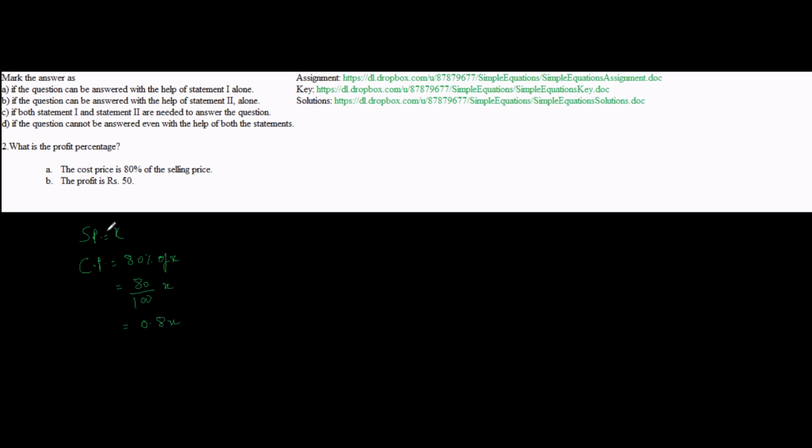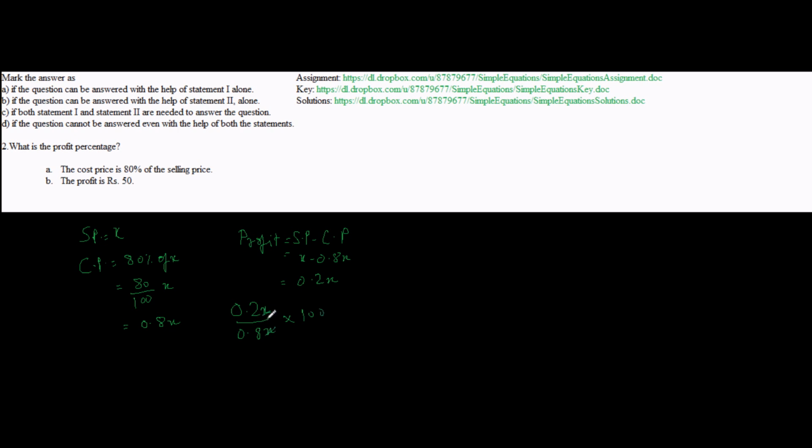Now since we have assumed that selling price is X and cost price is 0.8X, we can say that profit, which is selling price minus cost price, is equal to X minus 0.8X, which is 0.2X. So in that case my profit percentage is 0.2X by 0.8X into 100.